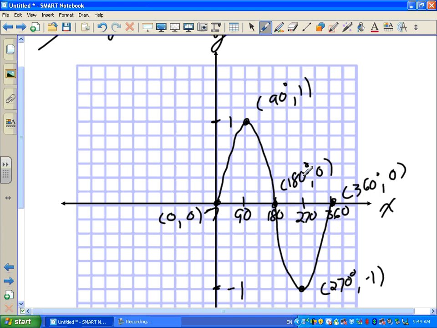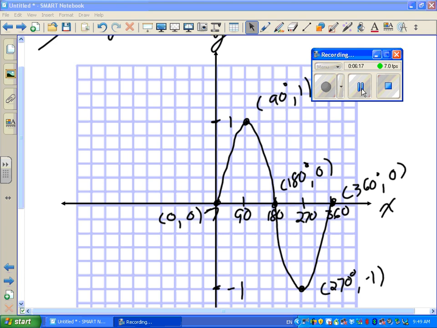That's 1, 2, 3, 4, 5 major points of the sine graph I've shown you. If you didn't remember that, there was another way you could have solved this. I'm going to quickly show you.